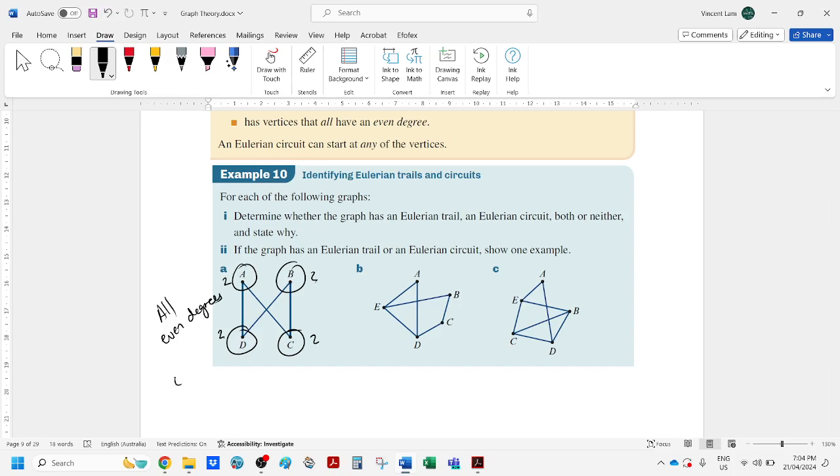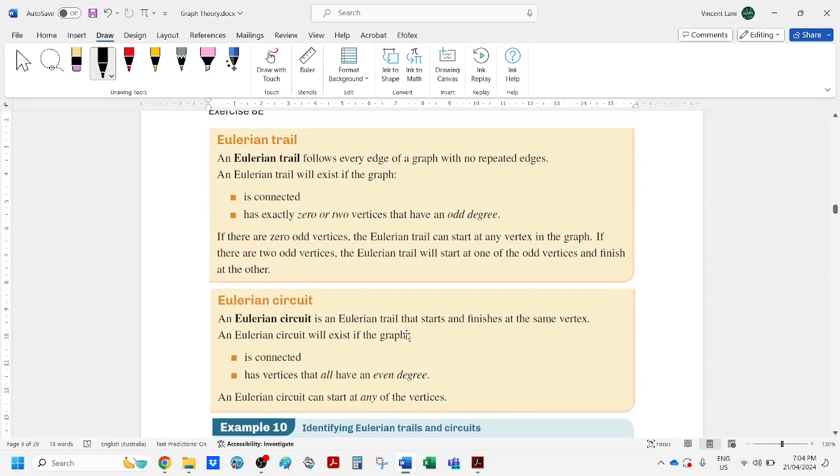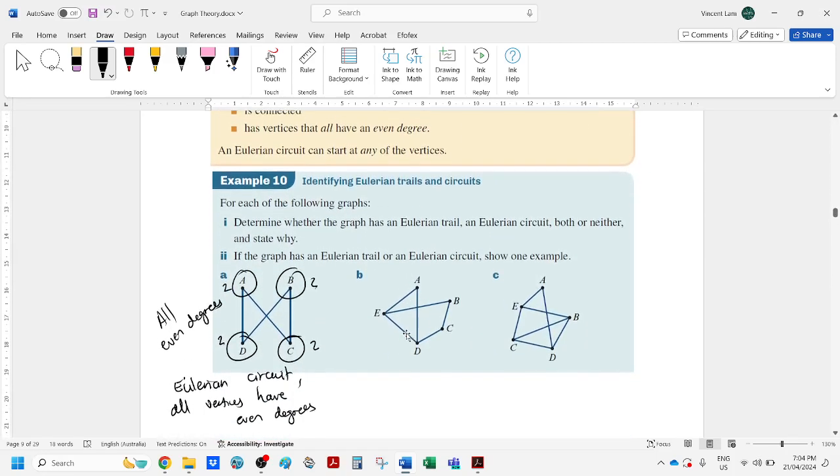So this first one will have an Eulerian circuit. And the reason why is, you just write: all vertices have even degrees. Okay, so the Eulerian circuit and trail have criteria that need to be satisfied.